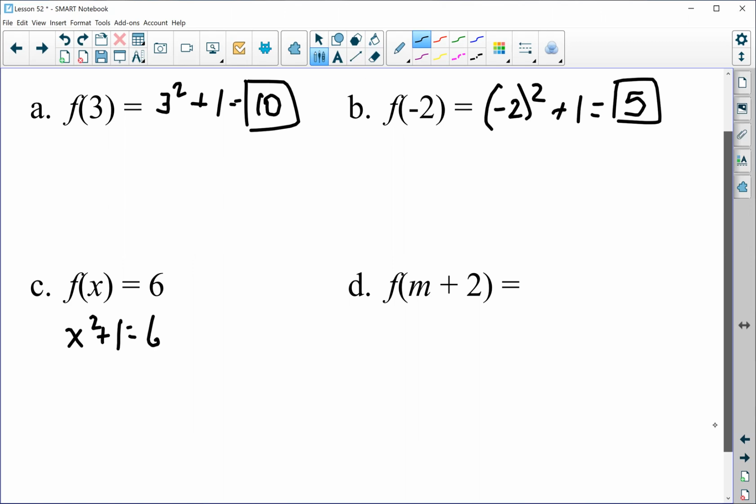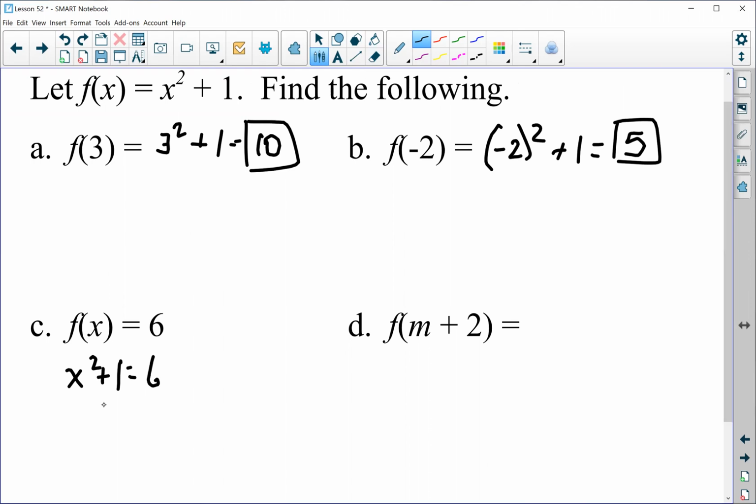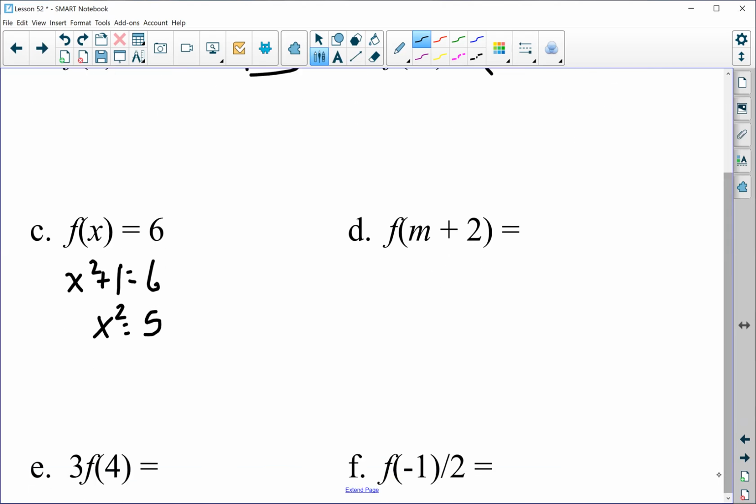So what do I do? Yep, subtract 1. And then take the square root. And when I take the square root, I need to remember that I get both positive and negative values.